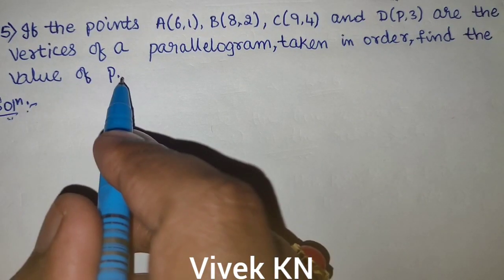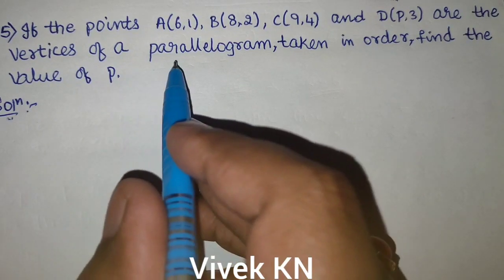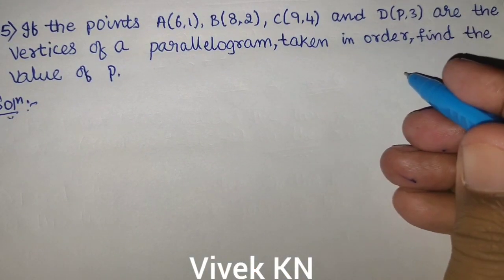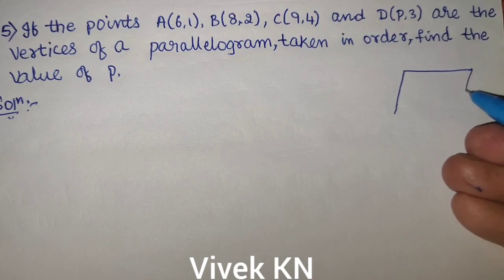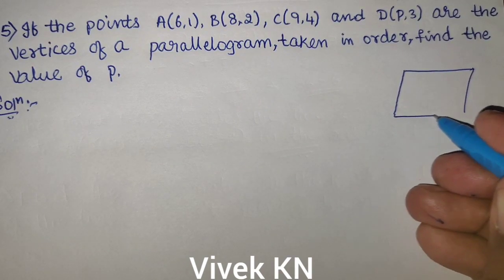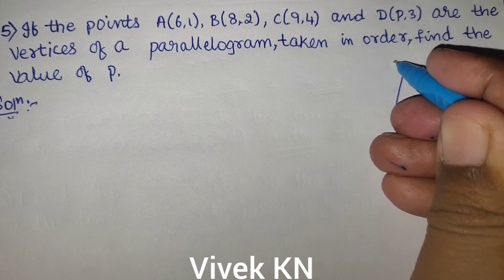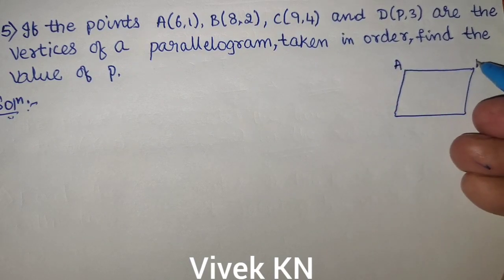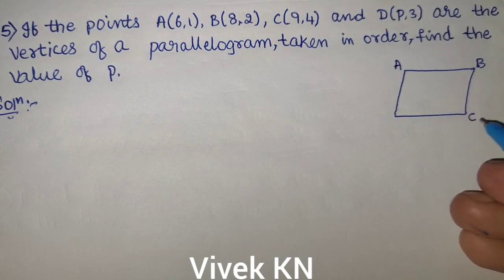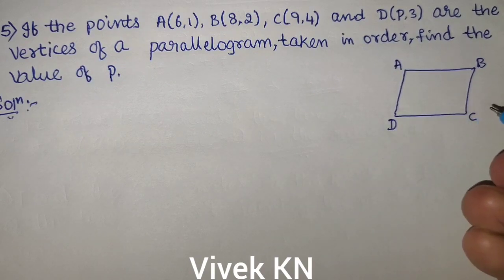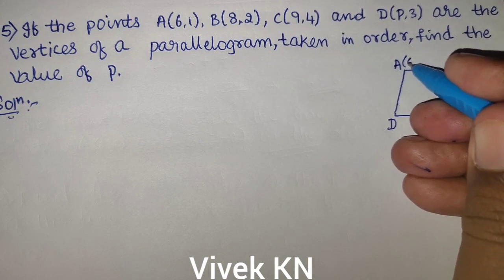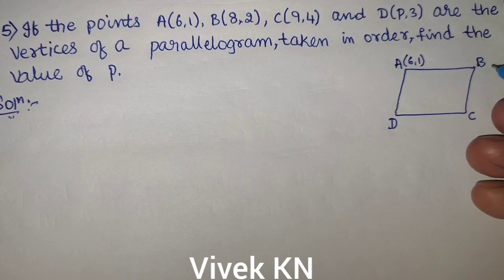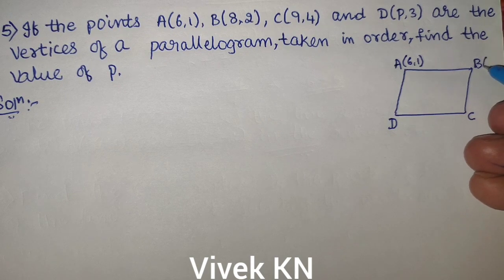To understand this problem, first we need to draw the parallelogram. This is the parallelogram, and this is point A, point B, point C and point D. The coordinates of point A are 6 comma 1. The coordinates of point B are 8 comma 2.